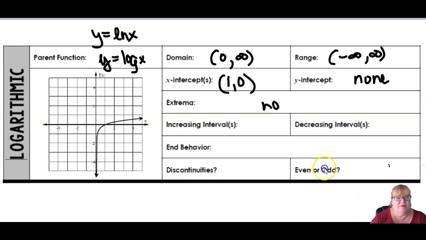It has no extrema. It is not even or odd. It has no discontinuities. It is all increasing. Again, that depends on the base and whether it's been reflected.